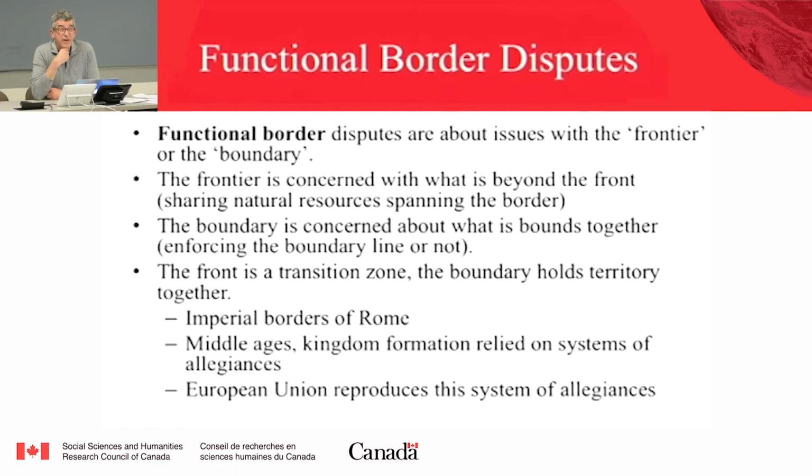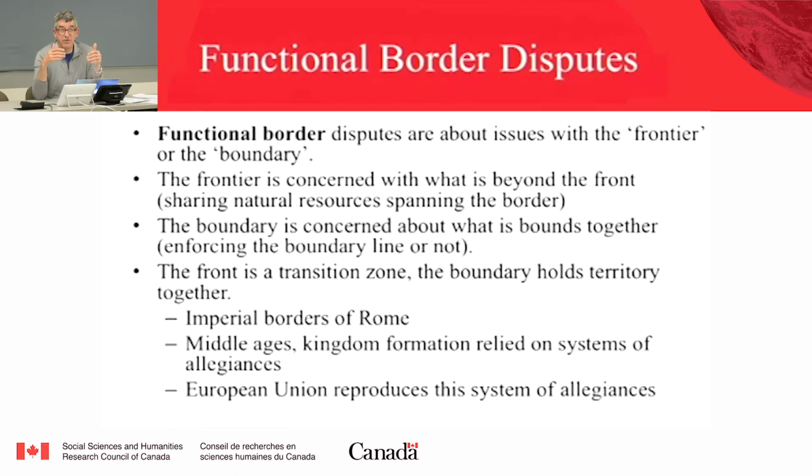Functional disputes very often have to do with how we exploit the boundary land or the borderland itself, right? And it's very interesting because it can be about manning the border. It can be basically about agreeing or not with the kind of border policies that you have to impose the boundary line. And it can also be about the exploitation of that boundary line.